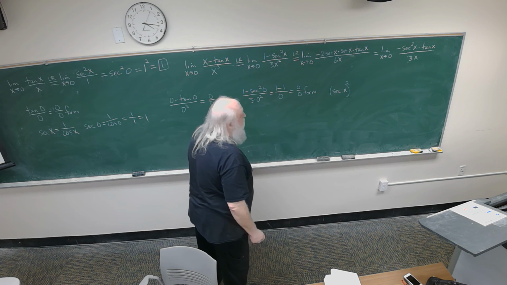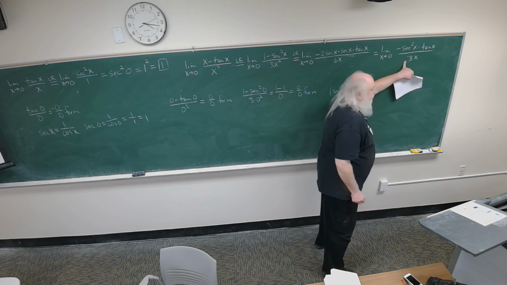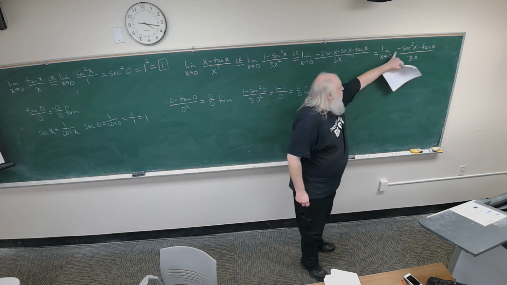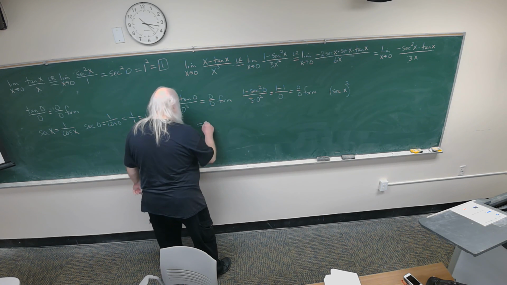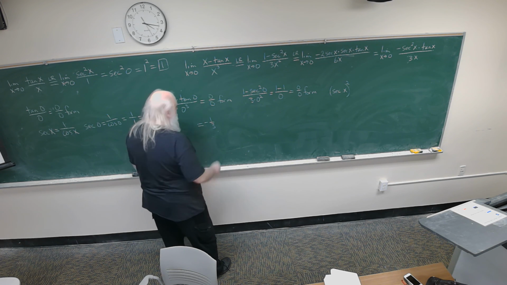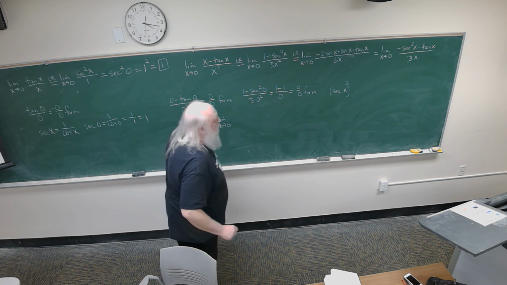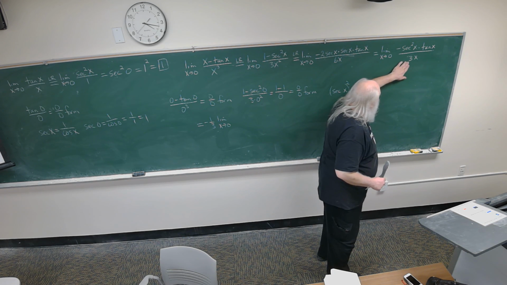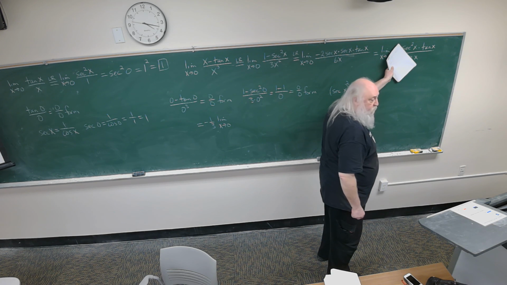Now, you know with limits, you can bring a multiplicative constant out from the limit. So I can bring out the minus 1/3. So this is equal to minus 1/3 times the limit as x approaches 0. Now I can split secant x squared times tangent x over x.